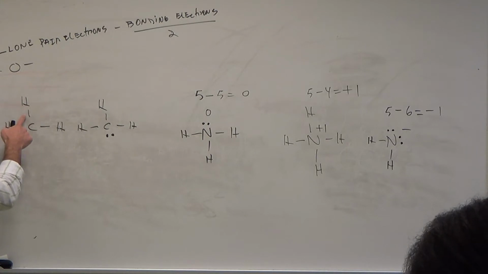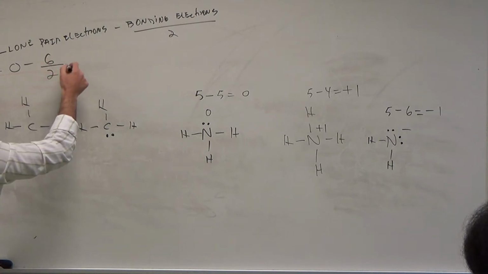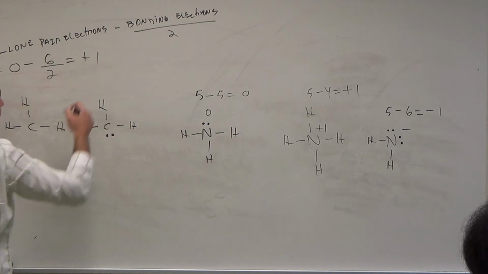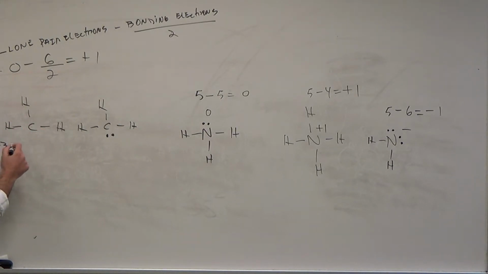There is 2 here, 2 here, and 2 here. 2, 4, 6, yes? So 6 divided by 2 is 3. So 4 minus 3 is plus 1. But in my opinion, 4 minus 1, 2, 3 is better, yes? I'm not sure, but I think that's better.